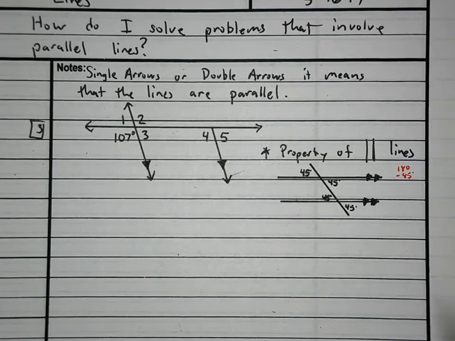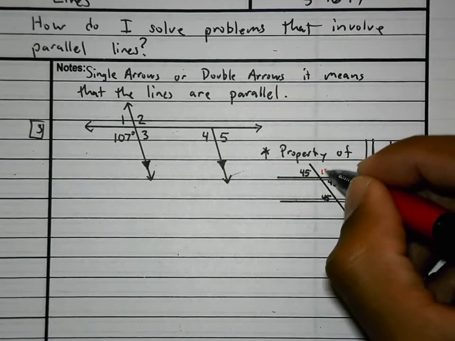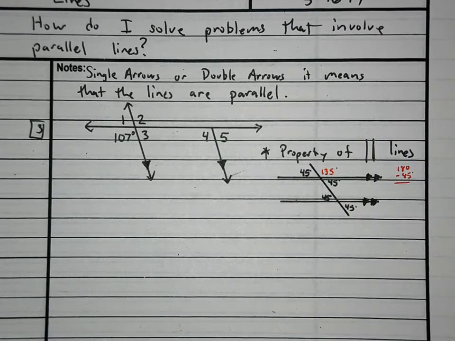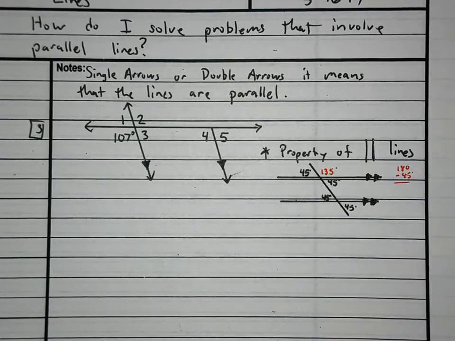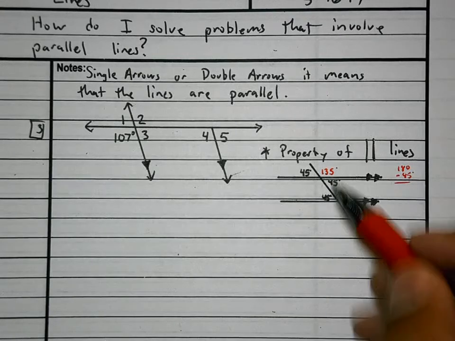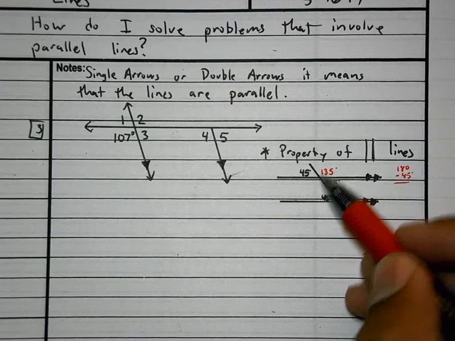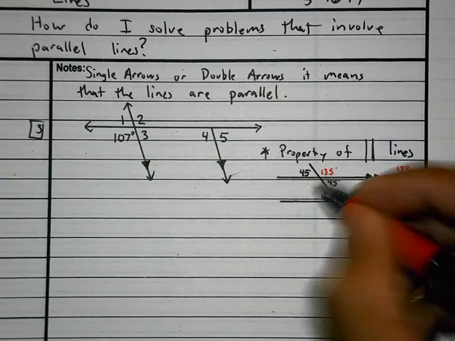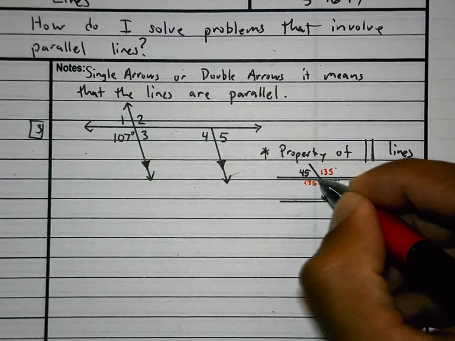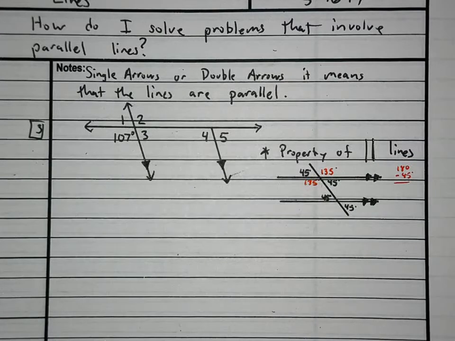Go ahead, Ray. 135 degrees. 135 degrees. These are still supplementary because they add up to be a straight line. And if this is 135, its vertical angle has to be, because vertical angles are always congruent.